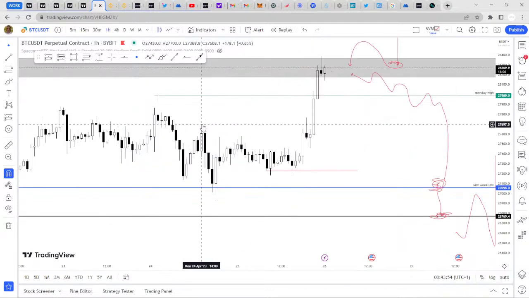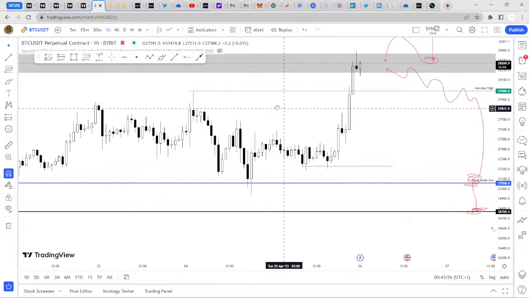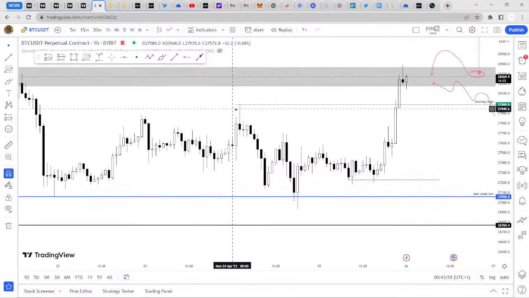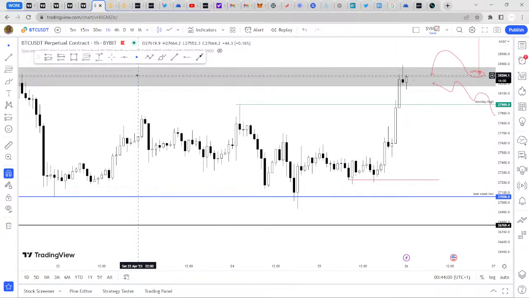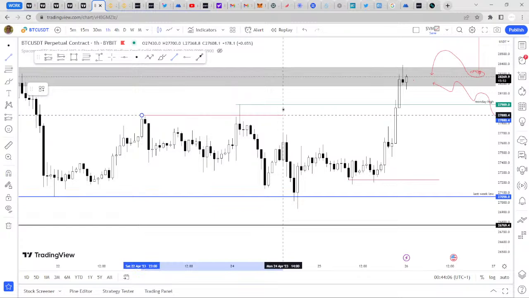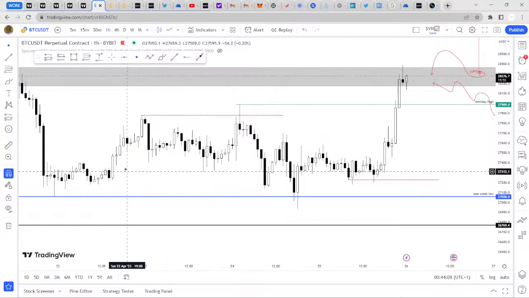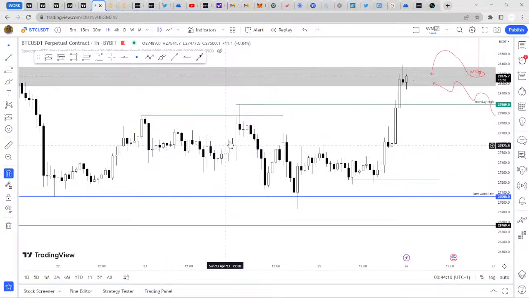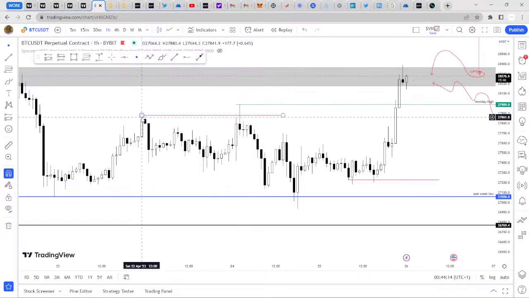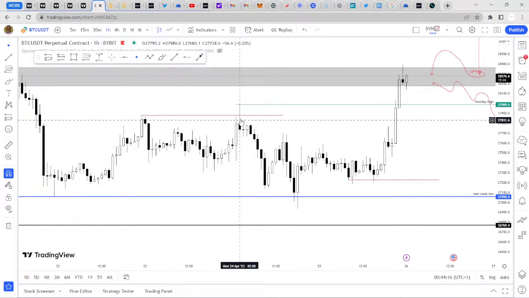I think we had one. I'm trying to figure. Okay, we had one here. We had this high, price traded back into this area but failed to close above the high we had here. So you see what happened after that.